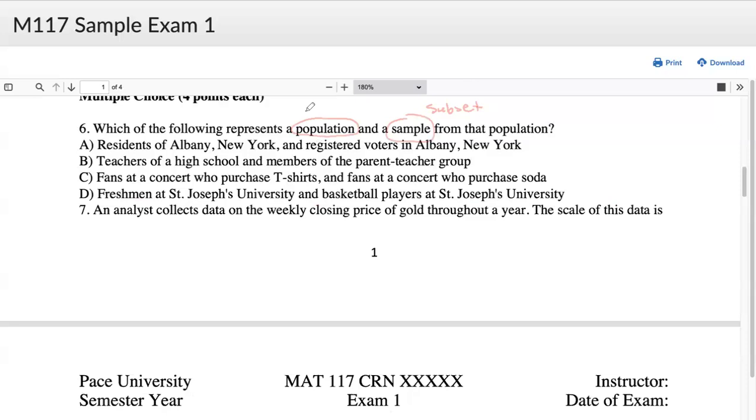So population is the whole thing, and sample is part of it. So if we check A, B, C, D, only A, right? Residents of Albany, New York, registered voters in Albany, New York. So only A is satisfied. The sample is a subset of the population.